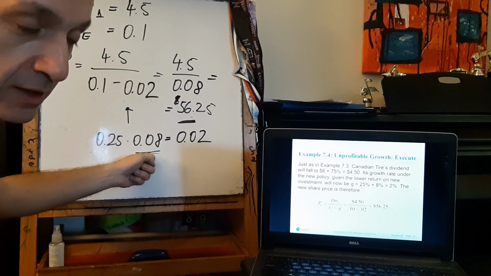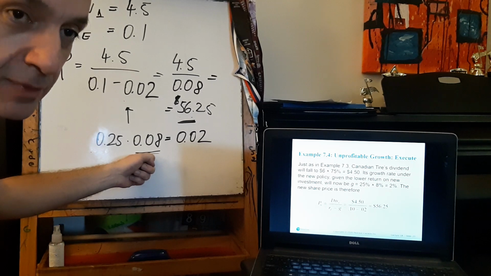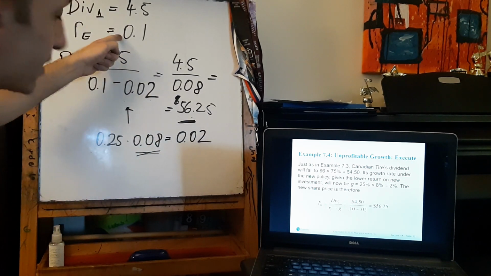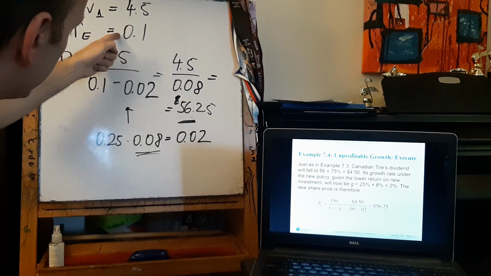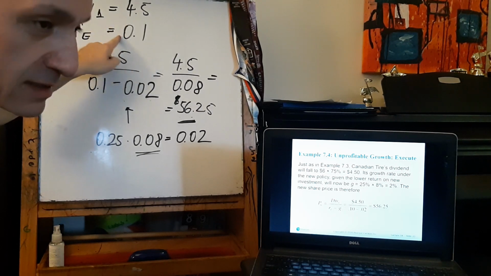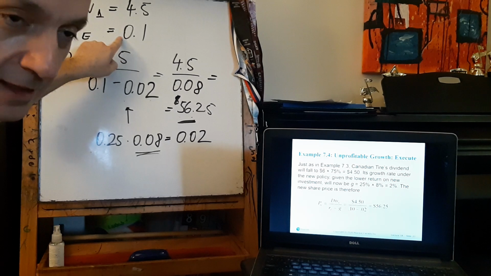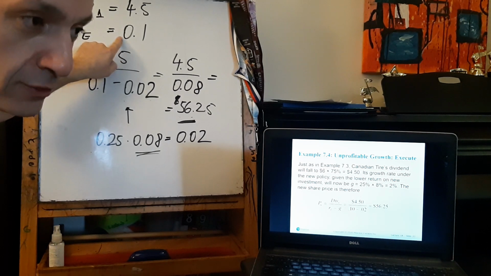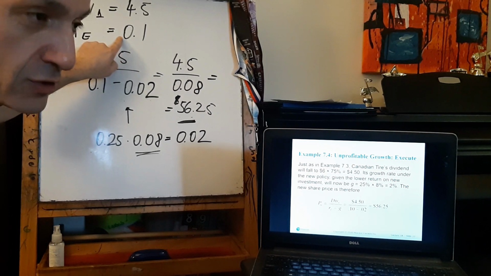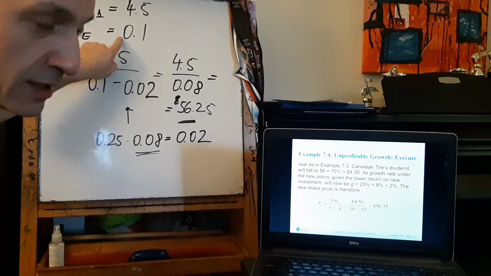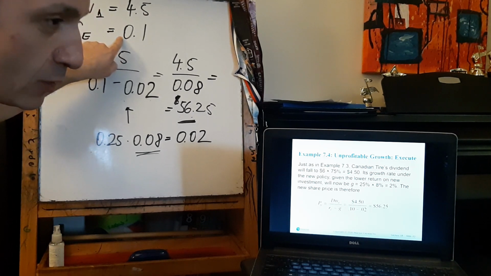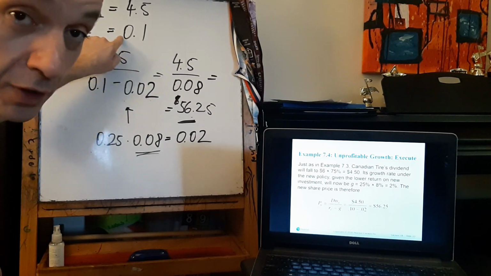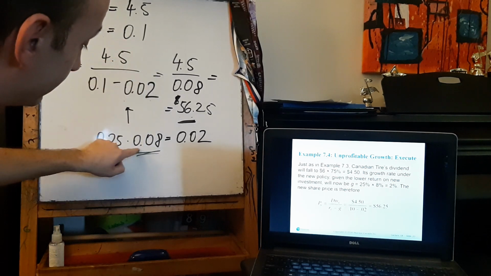Or better, what is the opportunity cost of capital for Canadian Tire that we estimated earlier? 10%. So the opportunity cost of capital for the existing operations is 10%. That means they're getting 10% return on their existing operations. And so if you want to grow your operations, you should invest in something that will have return at least this much or more.